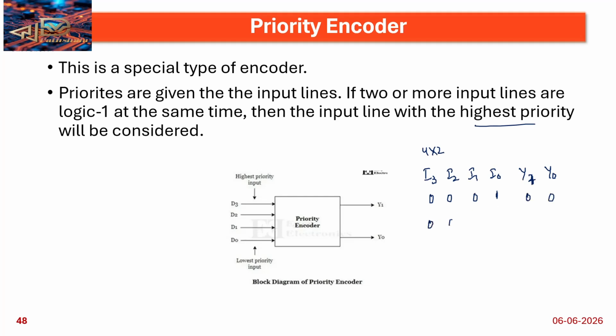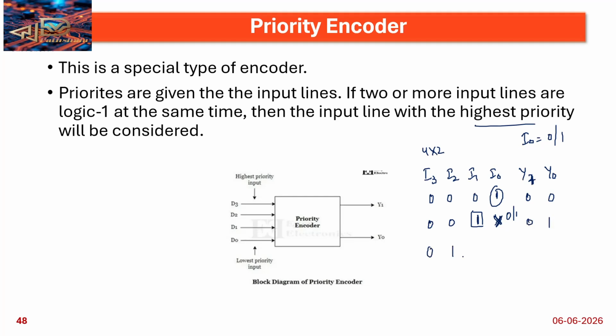And again 0, 0 where I1 is 1 and I0 is a don't care value. I0 may be 0 or 1, I don't know, but highest priority is given to I1 only. Then 0, 1 is the output we are getting.